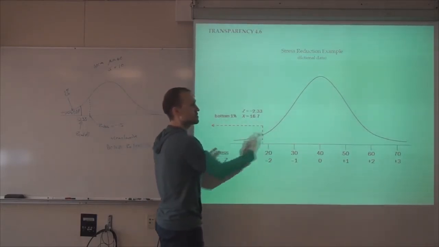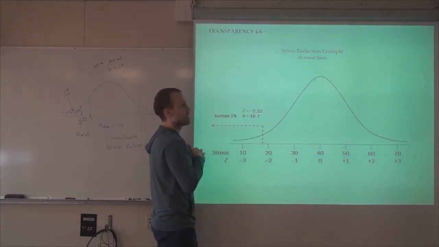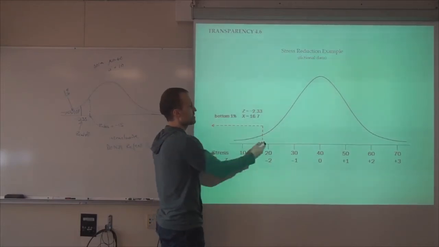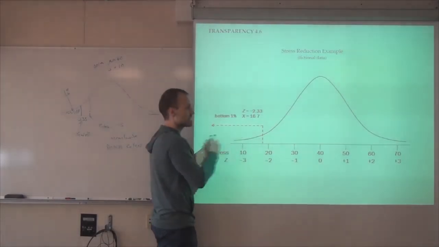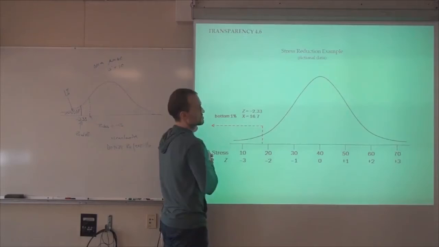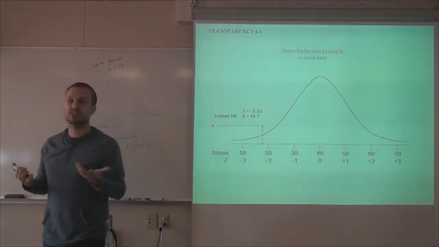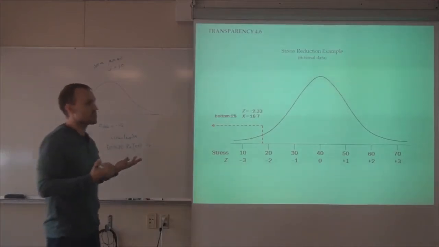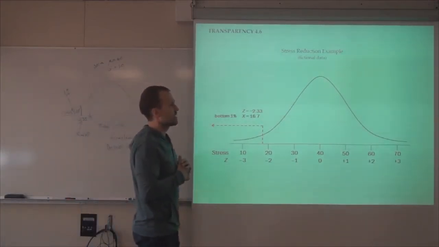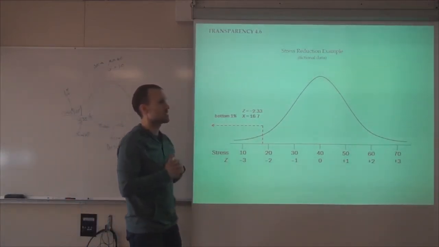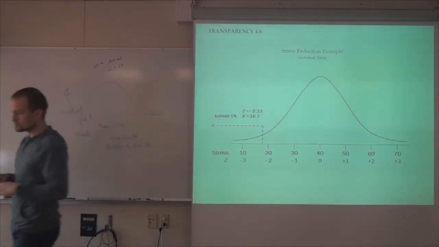Is it past this cutoff in whatever direction my hypothesis test is set up? Yes, it is, then I would reject. No, it's not in this case. So the evidence is inconclusive. It's not strong enough. I could have just gotten that randomly. It's not a rare enough value. I could have just gotten that without any change in the population.